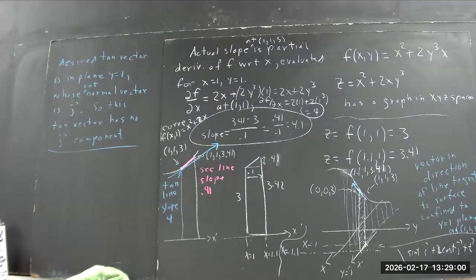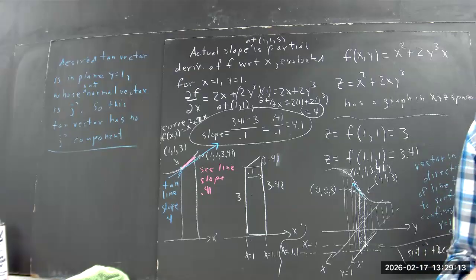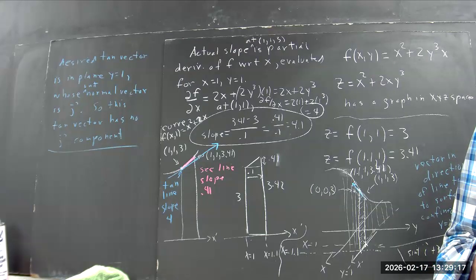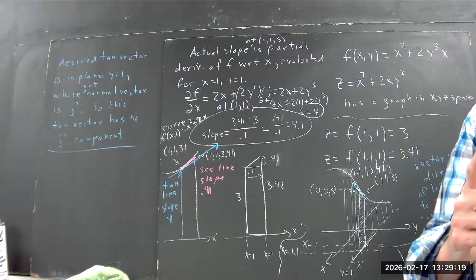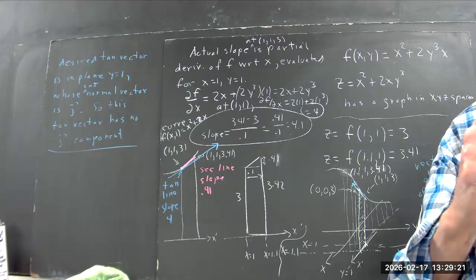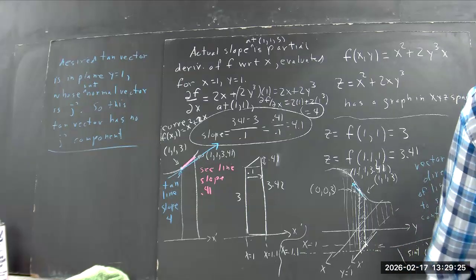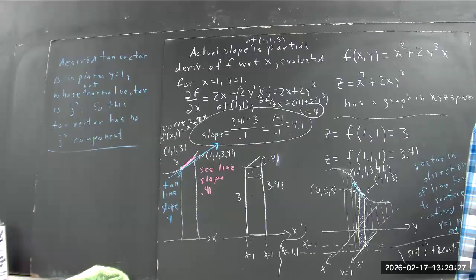Now, does it have an i component? Oh yeah, the plane's going in the x direction, right? So it has an i component. Does it have a k component? Yeah, well, it's in the i direction and it's pointing upward, right? So what do you think would be a good i component?